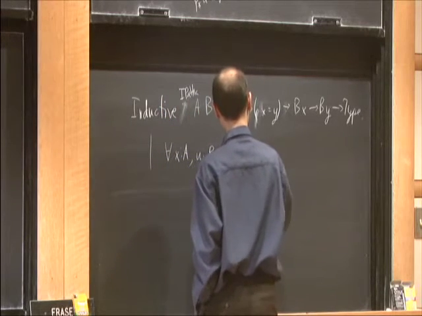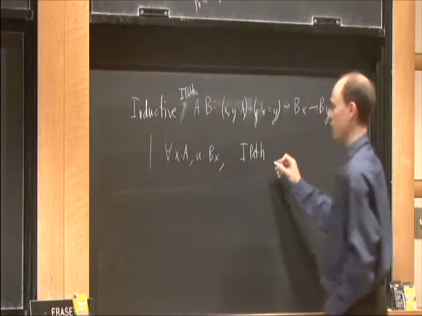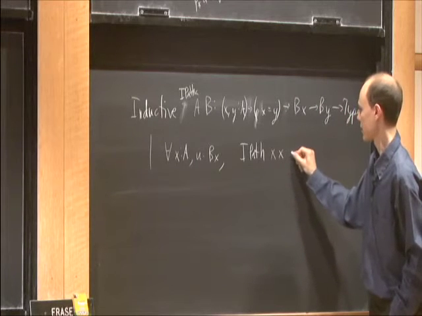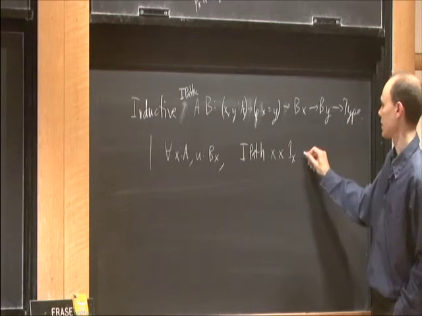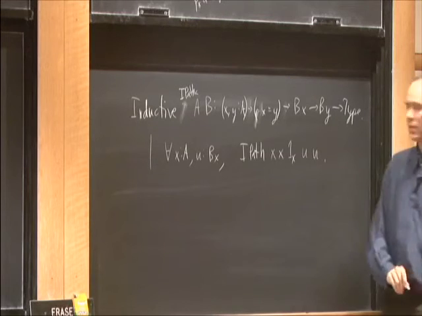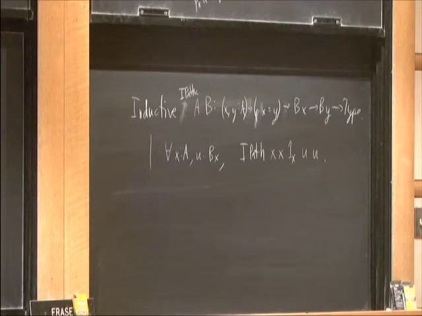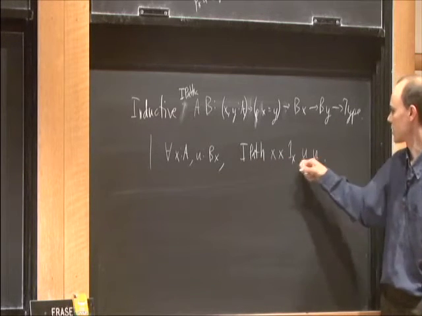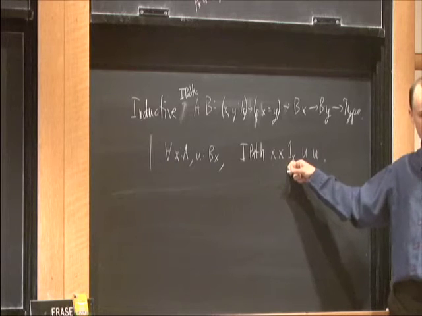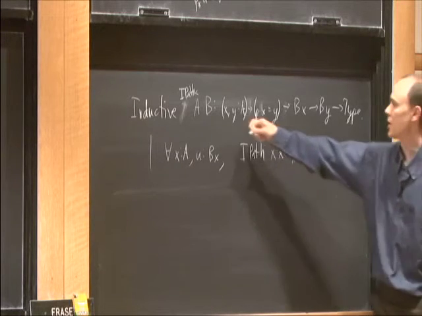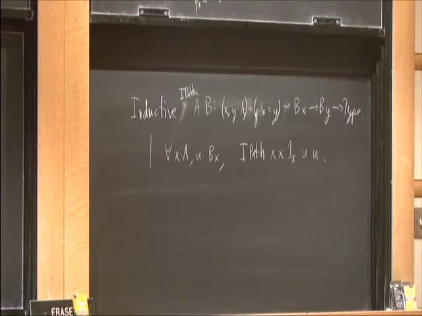I have an indexed path over X, X, and the reflexivity of X, and from U to U. So I have a reflexivity generator which lives over reflexivity, and then that defines this whole inductive family.